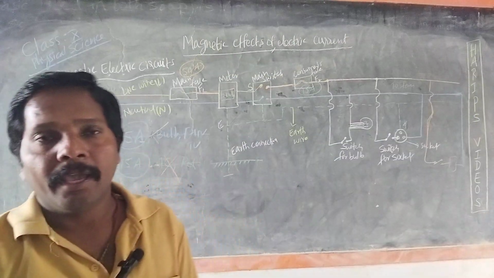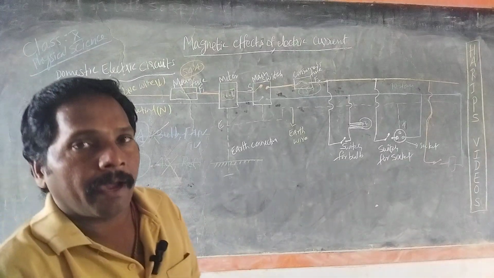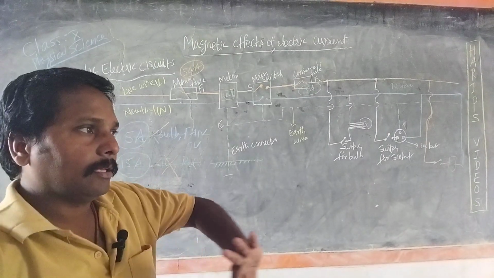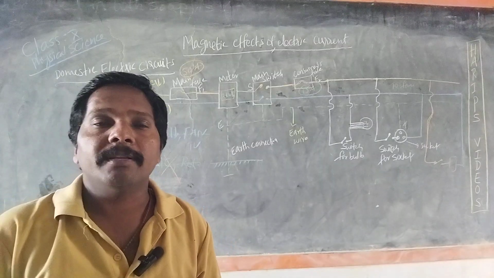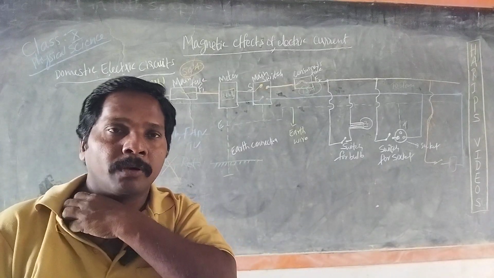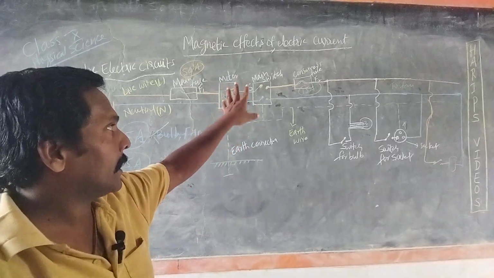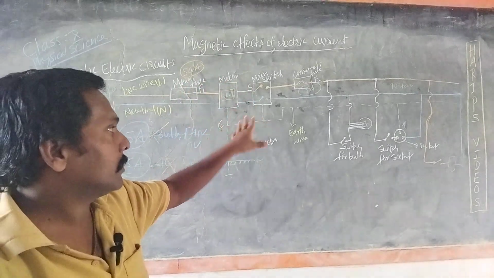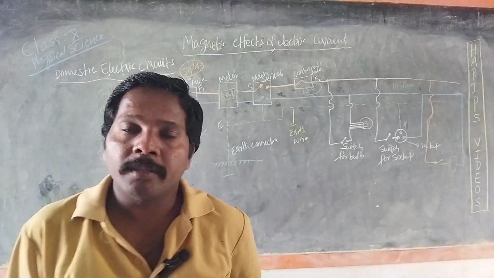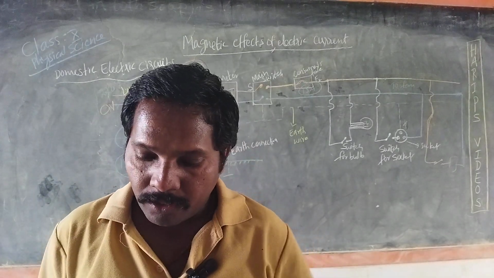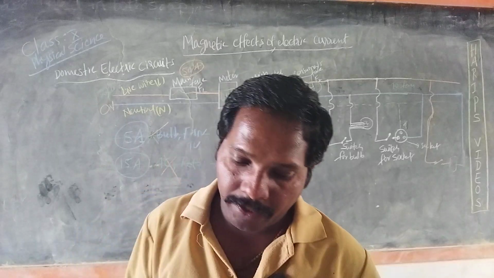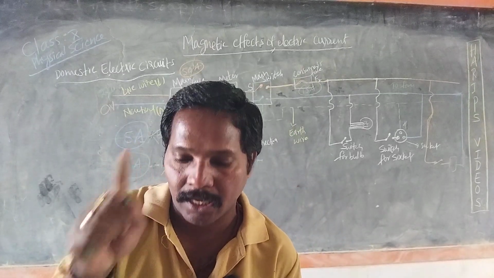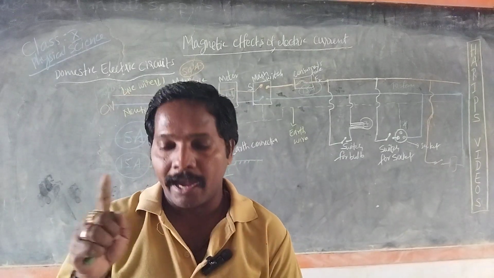To identify which is the neutral, which is the live wire, and which is the earth wire, three different colors of insulation are given to the wires. The wire having red plastic covering is the live wire.